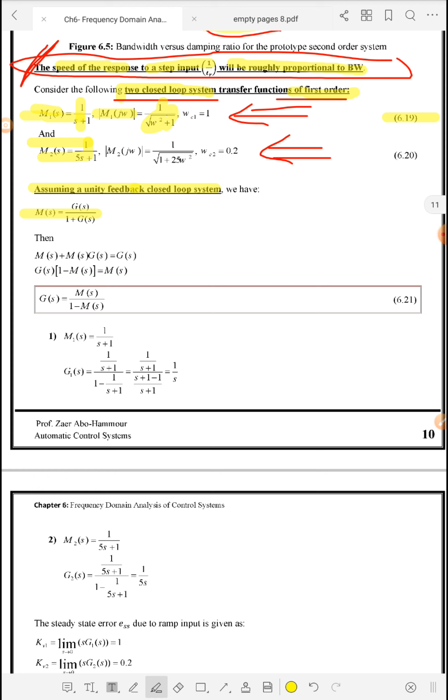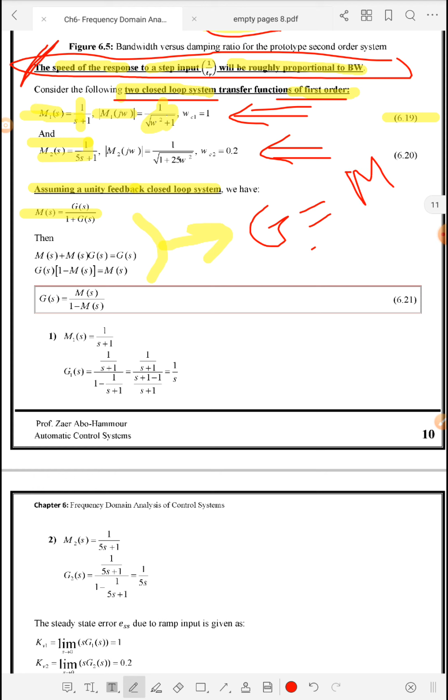Through this process, we want to derive the formula for g as a function of m.